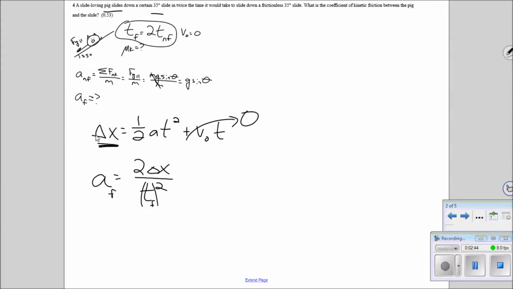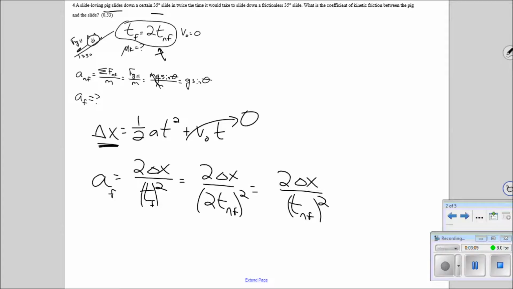Okay? Well, we know that the time with friction is equal to 2 times the time with no friction, right? So this becomes 2 times displacement divided by 2 times the time with no friction squared, which is just 2 times the displacement over the time with no friction squared times 1/2 squared, right? Basically, I just pulled out this 2 squared, okay?